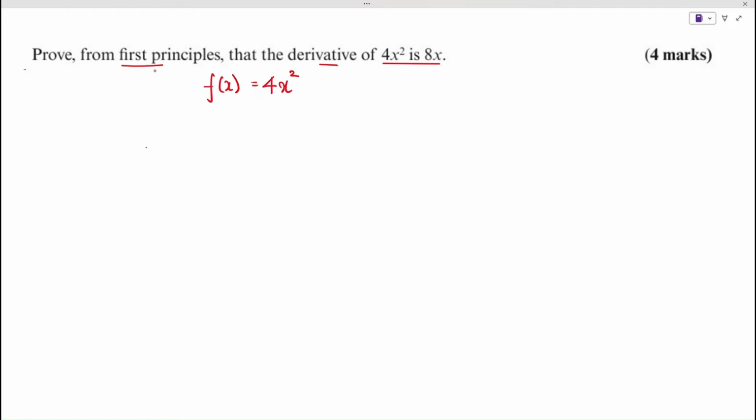And so using our equation for differentiation by first principles, f prime of x is equal to lim, as h tends to 0, f of x plus h minus f of x all over h.